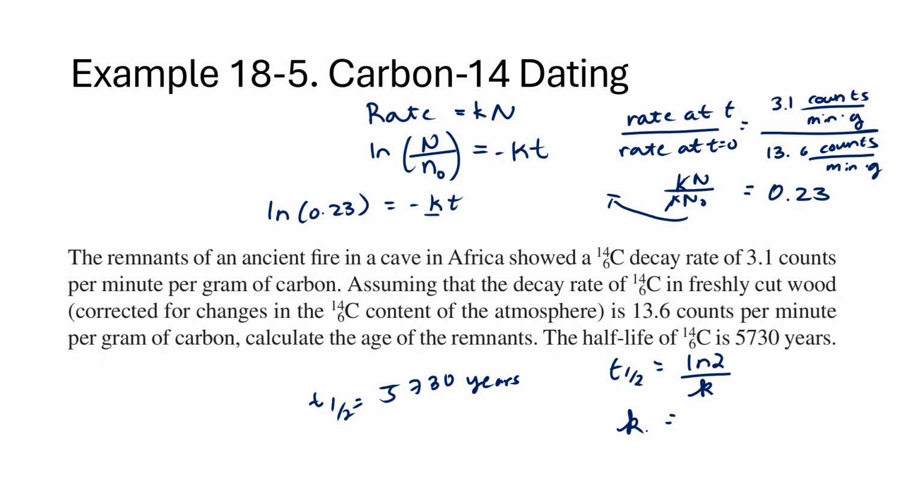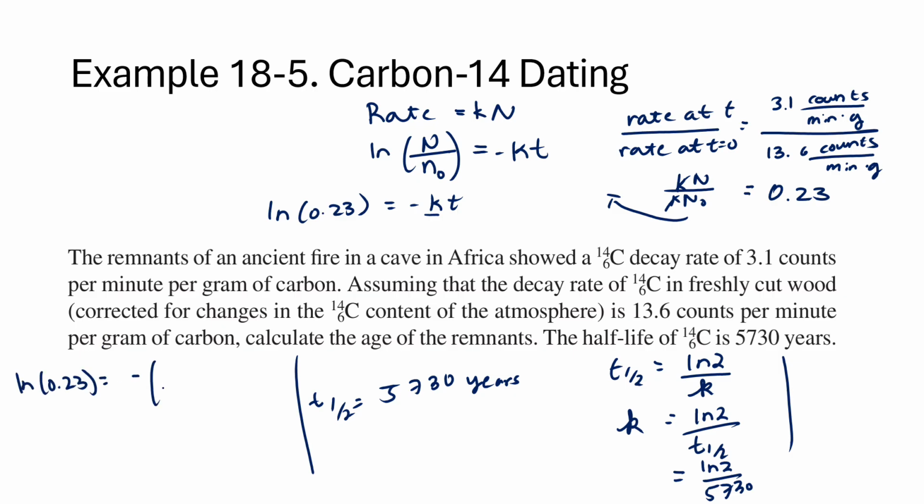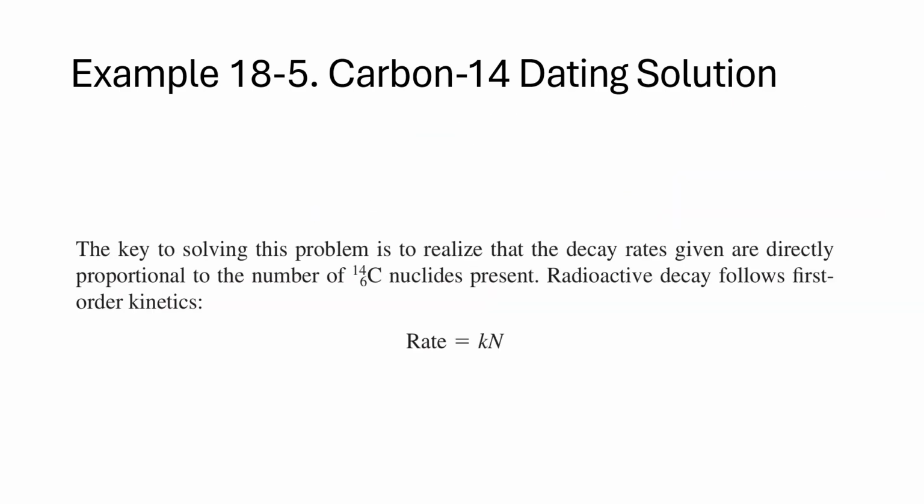So k is equal to ln2 over T1/2, which is ln2 over 5,730 years. Then we input that into the same formula: ln 0.23 is equal to negative 0.693 over 5,730 years times t. When you solve for t, you get 12,000 years. So the campfire in the cave occurred about 12,000 years ago.